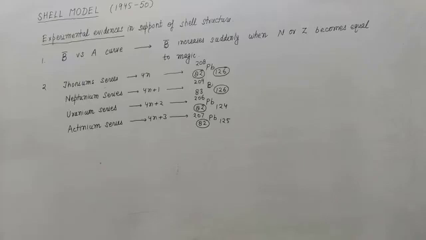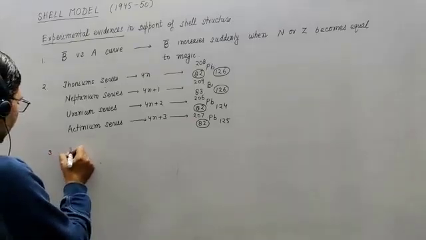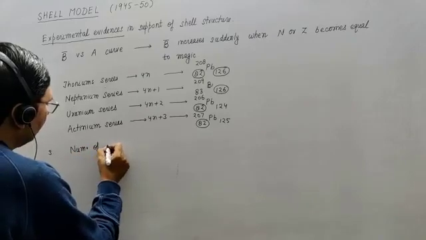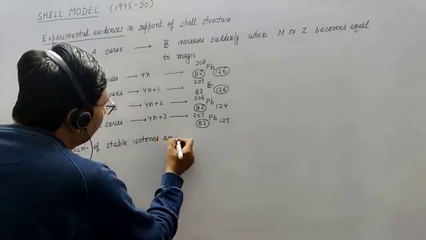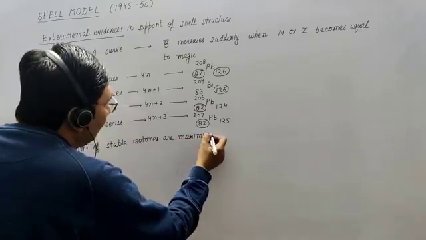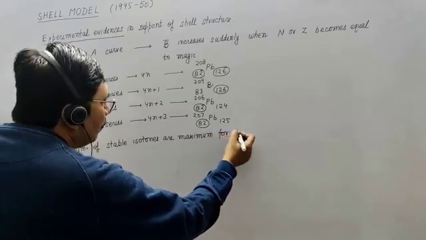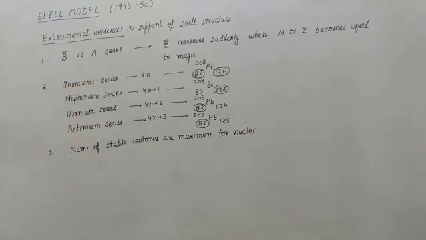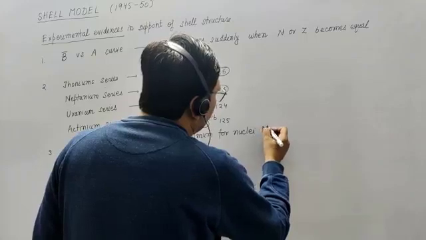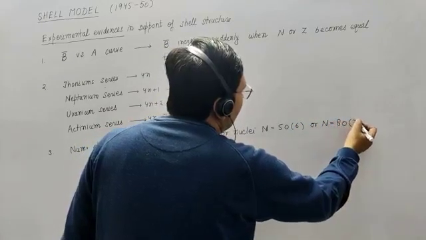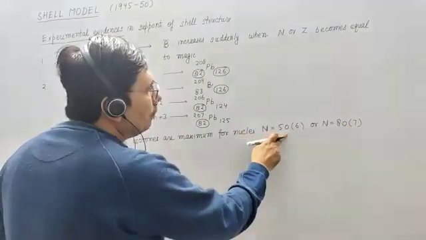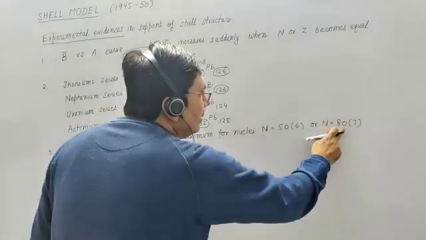Another important thing providing insight about the extra stability of these nuclei is that the number of stable isotones is maximum for nuclei having N number equal to 50 or 82. The number of isotones with N equal to 50 is 6, while for nuclei having N equal to 82, the number of isotones is 7.